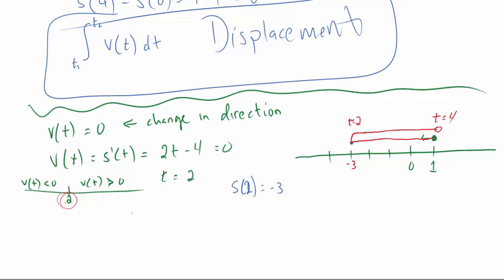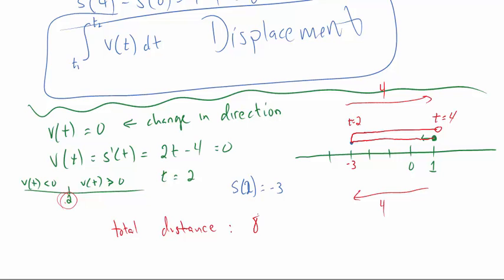So what's my total distance? My total distance would be 4 that way, and 4 that way, my total distance is 8 units. So how can we relate this to integral calculus?